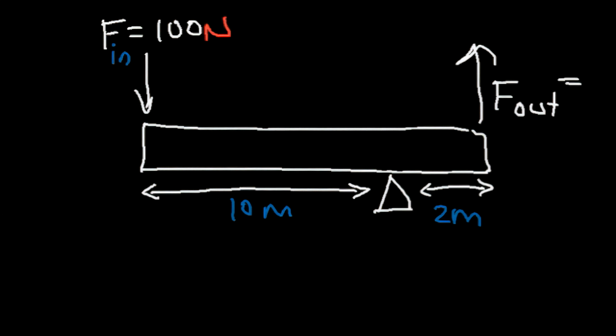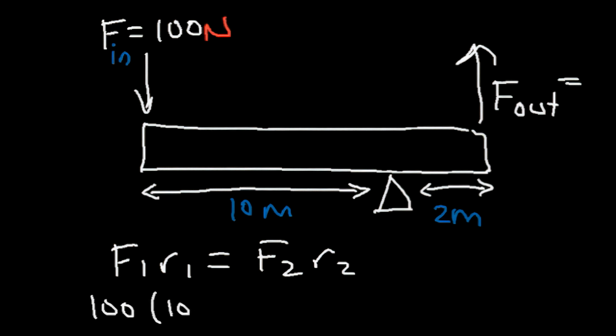Now the larger force is always associated with the smaller side, or the shorter side. So this time the output force is larger. So we know that F1R1 is equal to F2R2, where the input force times the input distance equals output force times output distance. F1 is 100, R1 is 10.